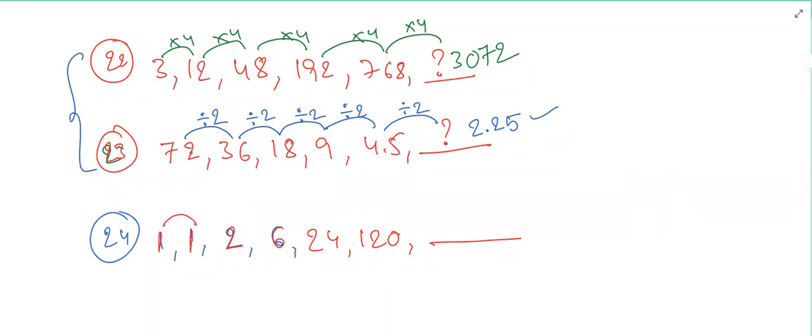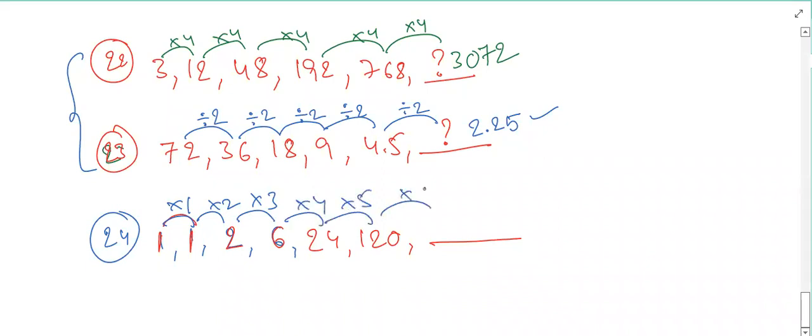Into 1, into 2, into 3, into 4, into 5, into 6, and that gives 720. So here, how can we write the pattern logic?